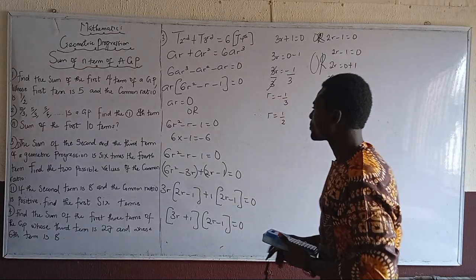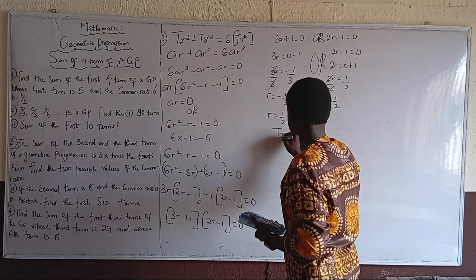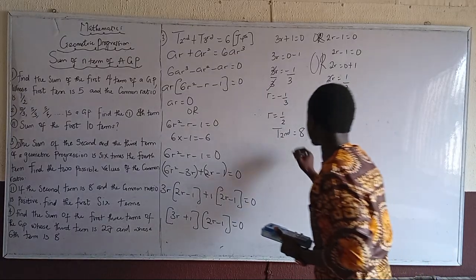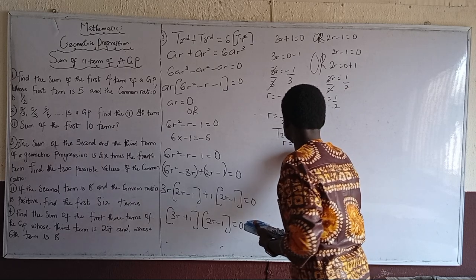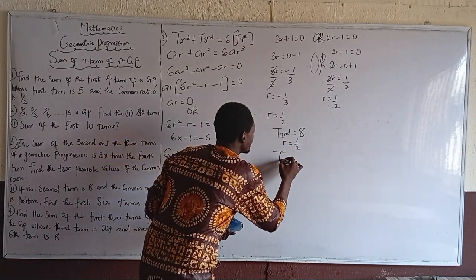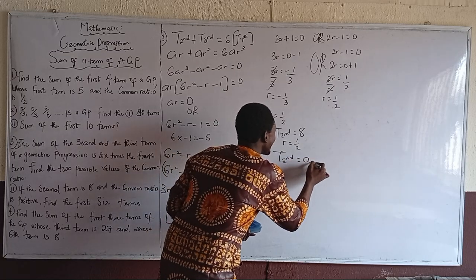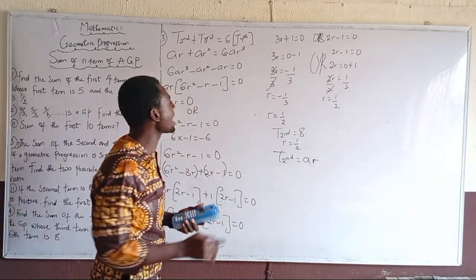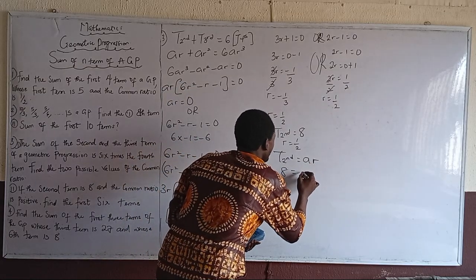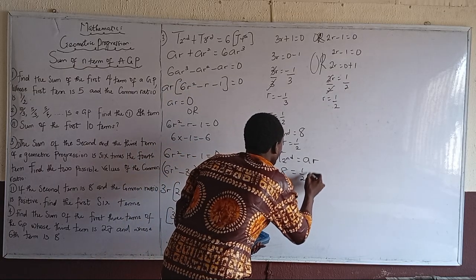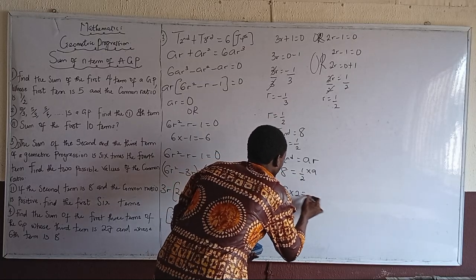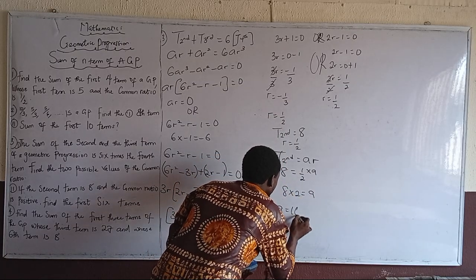Now, if the second term is 8 and my R is 1 over 2, that means I will find my A by saying T second is equals to AR. Because it will be AR raised to 2 minus 1. This second is 8 equals to my R, 1 over 2, times A. Here becomes A equals to 2 times 8. Then A becomes 16.